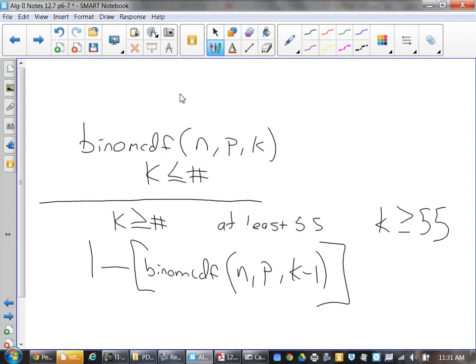Because this one gives me all the numbers from 0 to K, and when I do K minus 1, it's giving me all the numbers from 0 to K minus 1. If I subtract that from 1, it gives me everything else on the way to n. Does that make sense? All right. Kind of a weird little playbook, but that's if you're using the rules of complements to afford you those values. Okay?